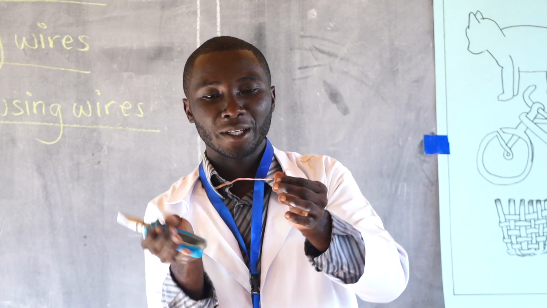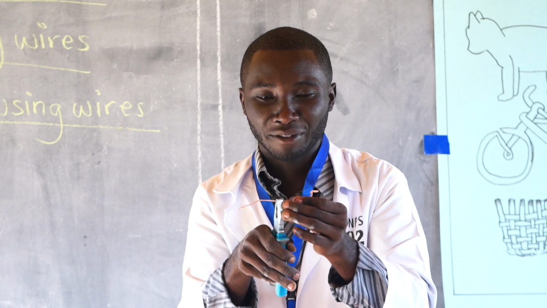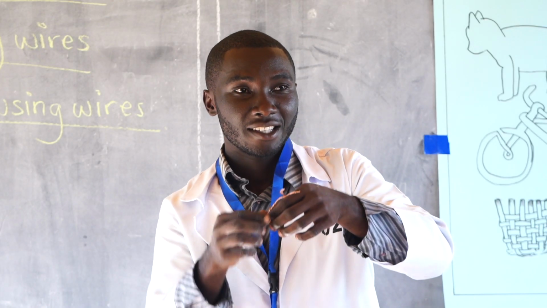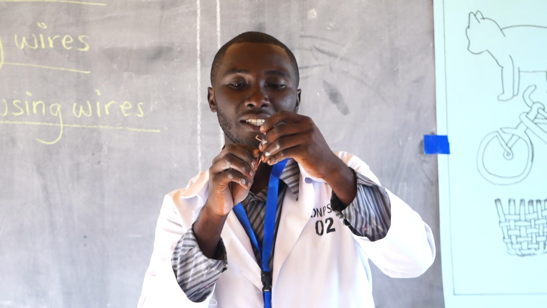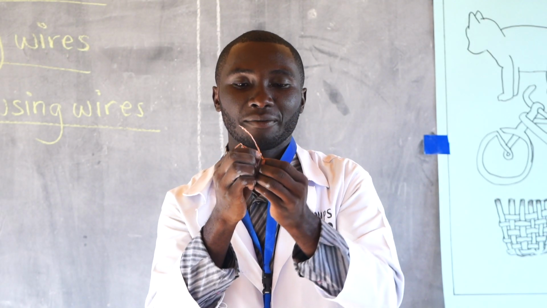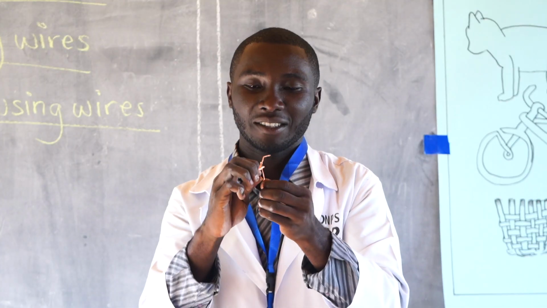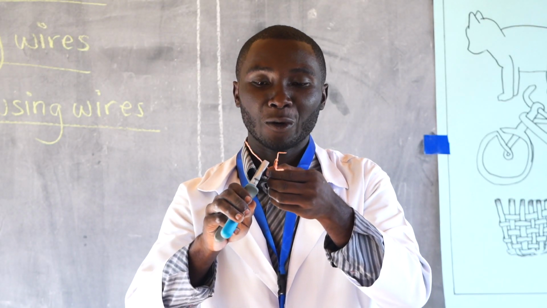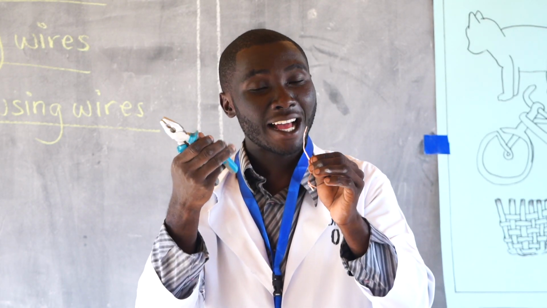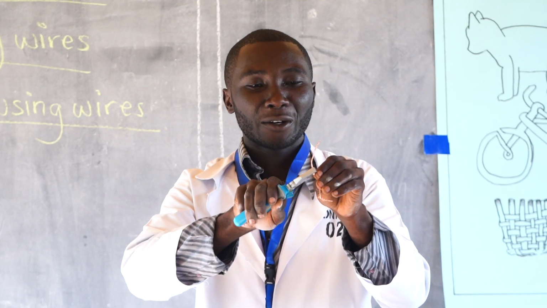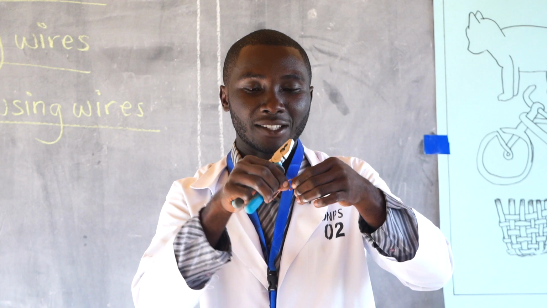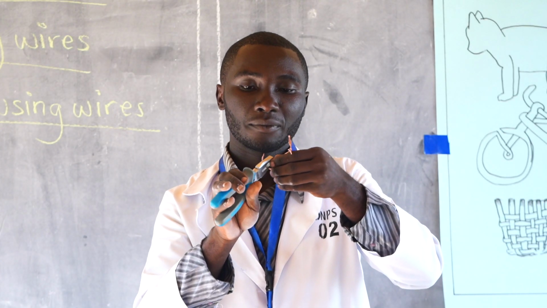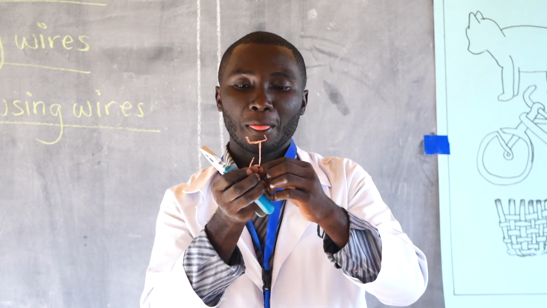Let us make the front wheel. We have to bend and make the front wheel. Bend, see closely, and then rotate the wheel. And we have to use our pliers so that we can fold our wires correctly and properly.